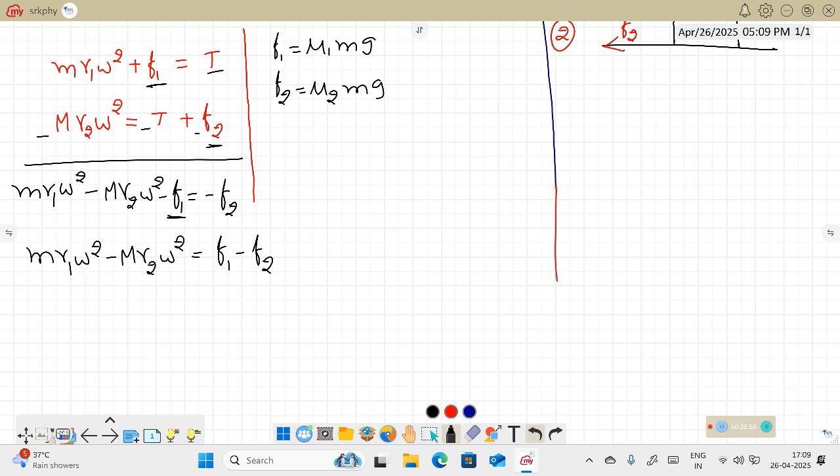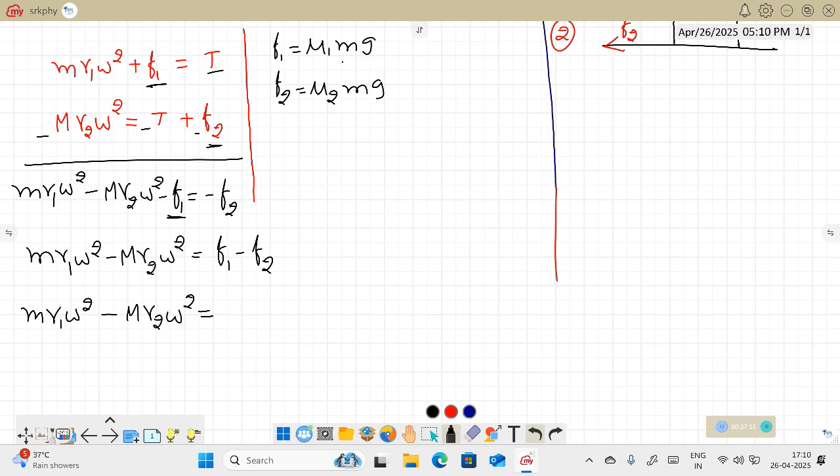Now substitute the values of f1, f2 in this, so m, not m1, that is m r1 omega square minus capital M r2 omega square is equal to, what is common here? There are no common terms here, both are different masses only.